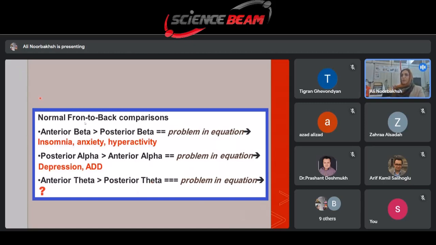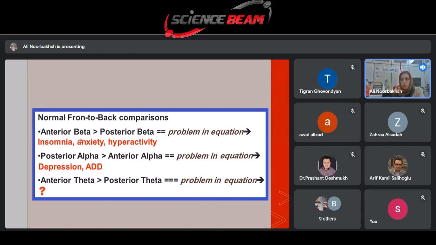If you can remember, there is normal front to back compression. Anterior beta should be more than posterior beta, and if there is a problem in the equation, we have insomnia, anxiety, and hyperactivity. It's related to asymmetry, okay?